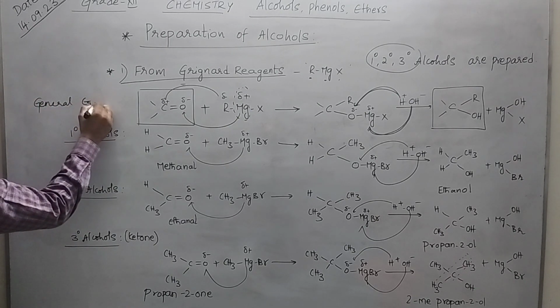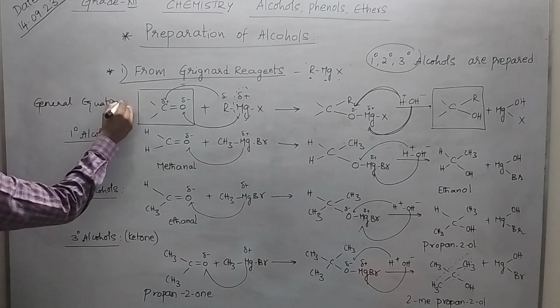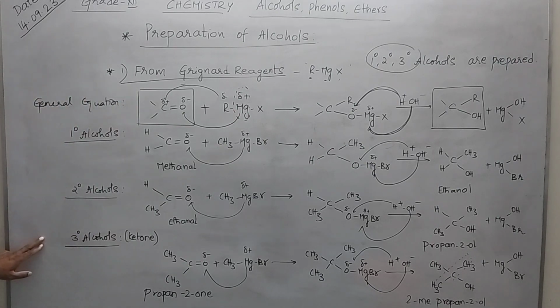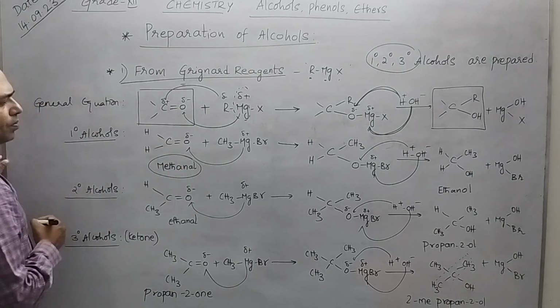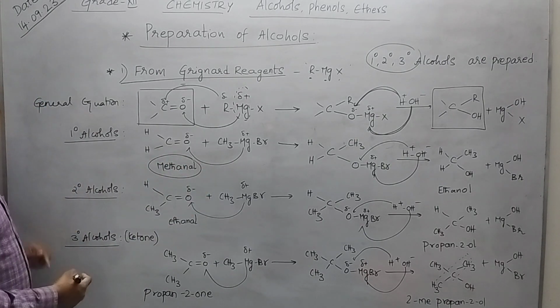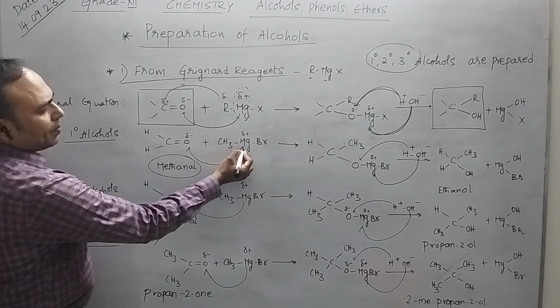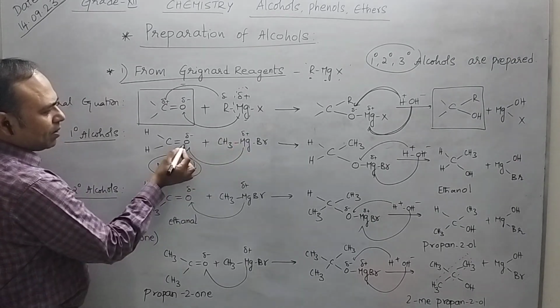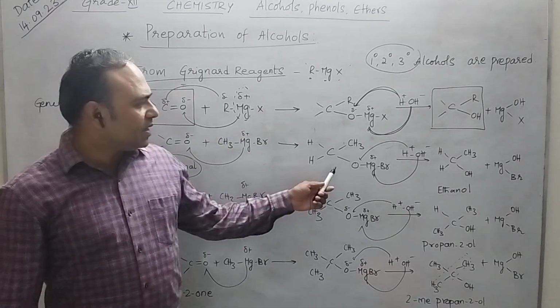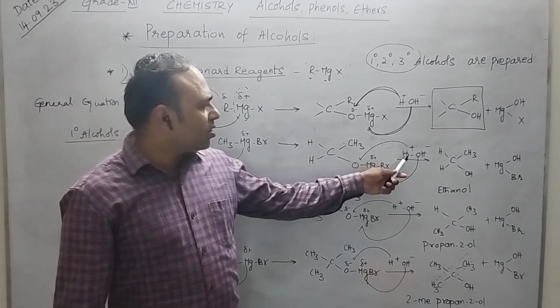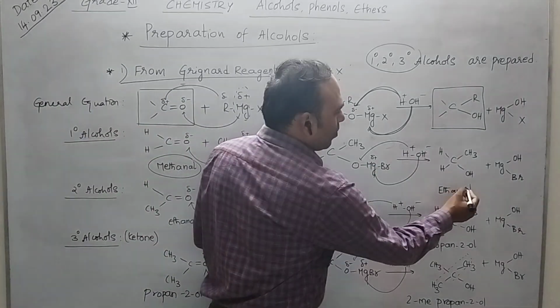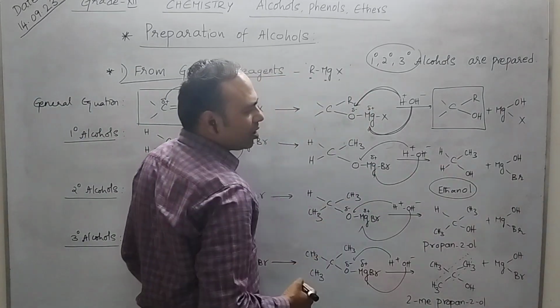Using this general equation we can easily identify the formation of all three types of alcohols. First one, let us take formaldehyde, which gives ethanol. Once again the same method, Mg plus will combine with O minus, you will get an intermediate. Then on hydrolysis you are going to get a primary alcohol, nothing but ethanol.